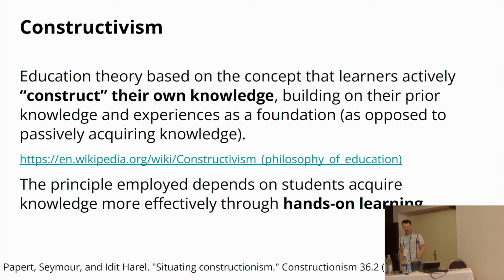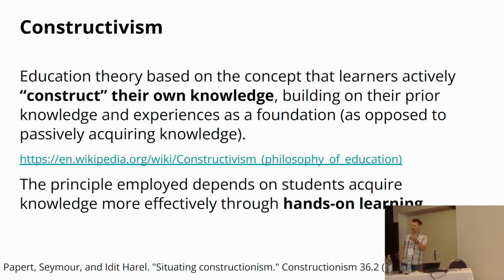And so we try to incorporate the notion of constructivism and apply it to tree map literacy. So what is constructivism? An educational theory based on the concept that learners actively construct their own knowledge, building on their prior knowledge and experiences as a foundation. That is as opposed to passive learning, just being fed information.